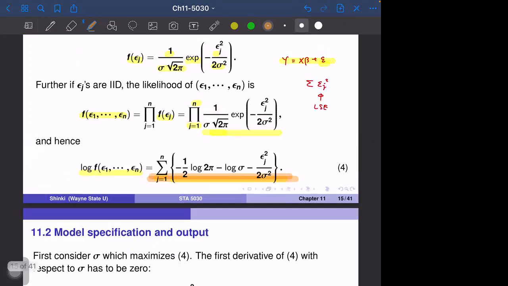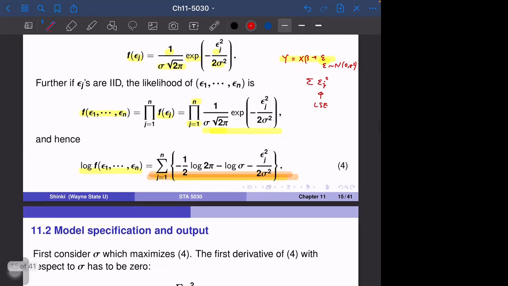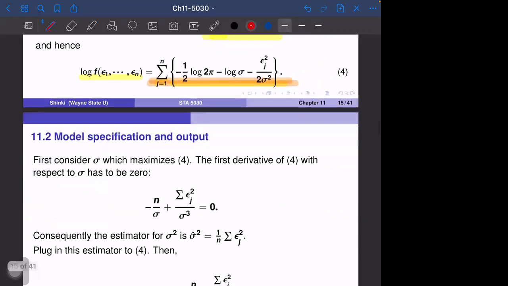We basically want to estimate beta, but we have another parameter, sigma. Epsilon follows a normal distribution with variance sigma squared. So we are going to estimate with respect to sigma and beta at the same time. At first we maximize this with respect to sigma, to remove sigma. Then after that we determine beta.